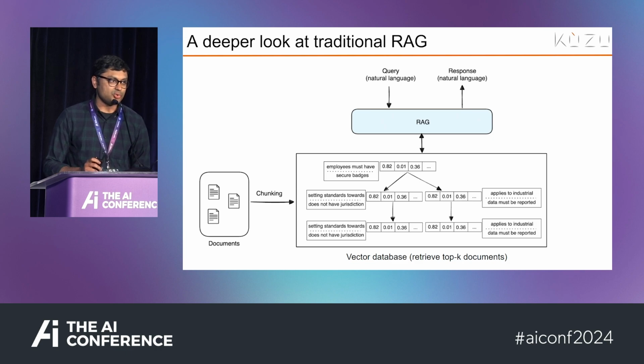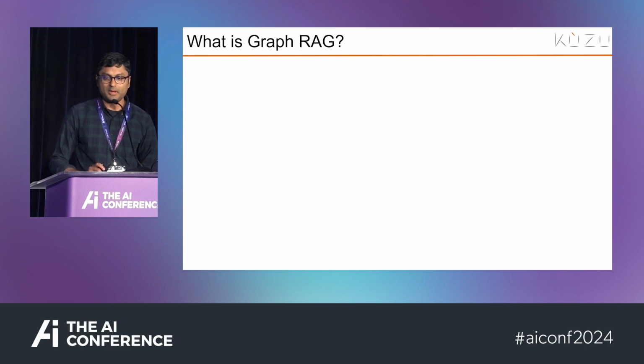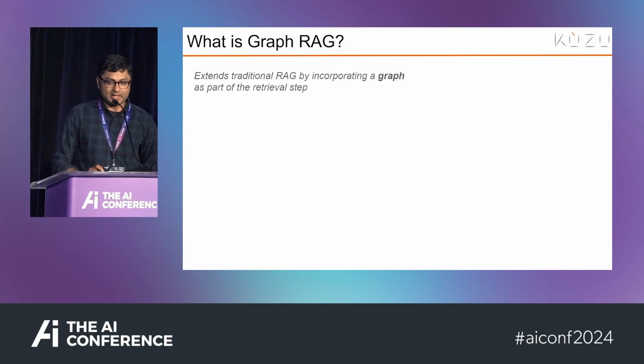But in any case, you compute an embedding independently for each of these chunks. And that is what is used to plug into a traditional RAG system, where a query comes in natural language, the query is vectorized and matched, you find the nearest similar value in the data using the vector embeddings, and you receive a response.